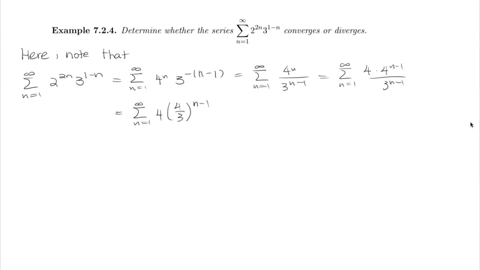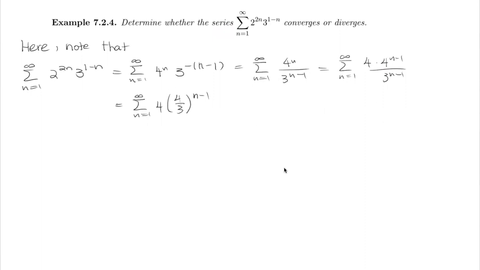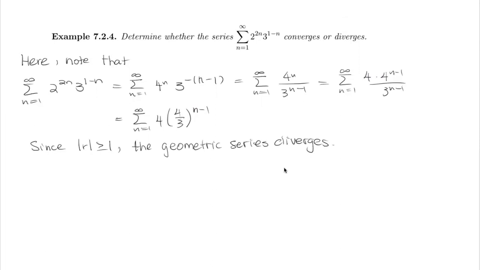So that is the geometric series. However, note here that 4/3 is larger than 1. So since the absolute value of r is greater than or equal to 1, the geometric series diverges. Okay, so that's the case when the geometric series will diverge.